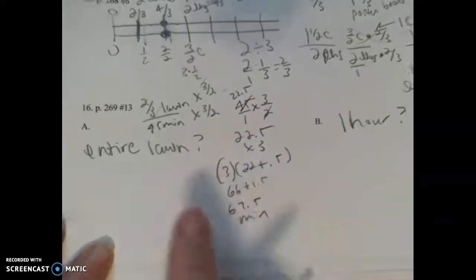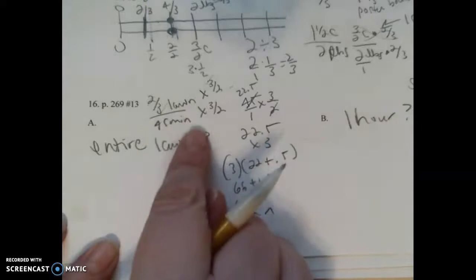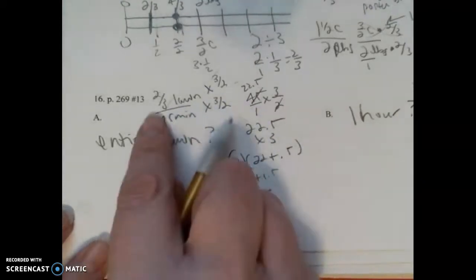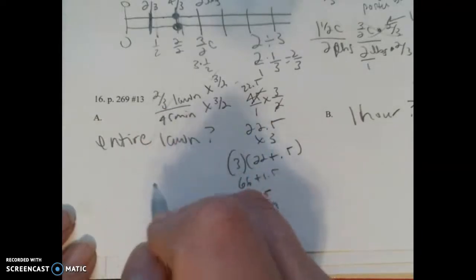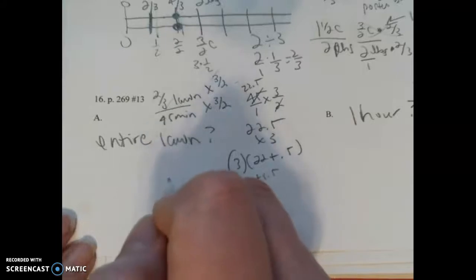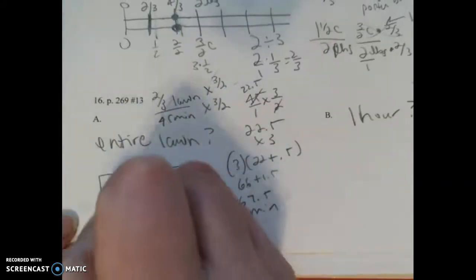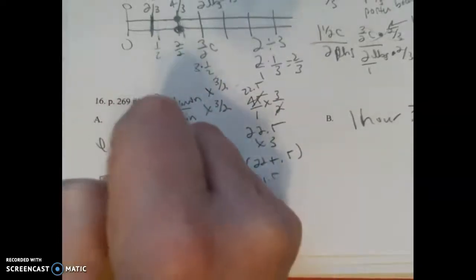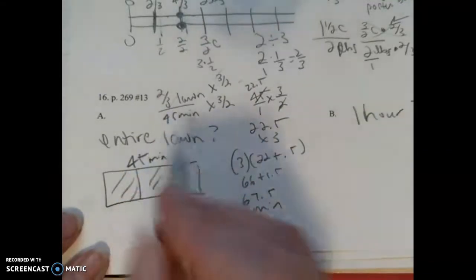Yeah. So that's thinking logically about it. If I drew a picture, you can do 2/3 of a lawn in 45 minutes, and you want to get to a whole lawn. So think of a strip diagram instead. 2/3 of a lawn would be 45 minutes.